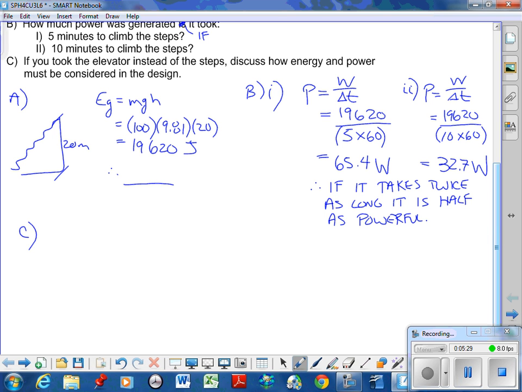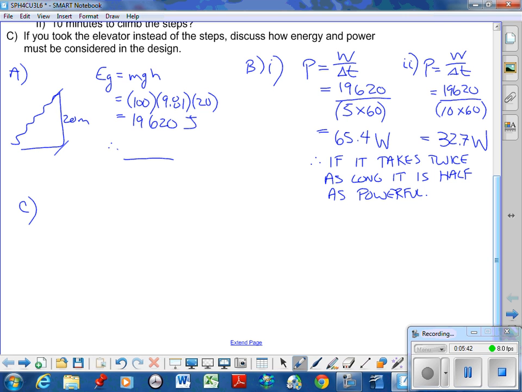The last one, if you took the elevator instead of the steps, discuss how energy and power must be considered in design. So when you're designing an elevator, the key with the elevator here is the power on that motor to lift it. So we have the car, and we have the cable that goes up, and then we have our motor. All right.